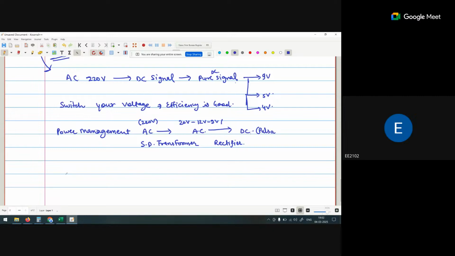Now, this pulsating DC we have to convert into a constant DC. For this we require a regulator.